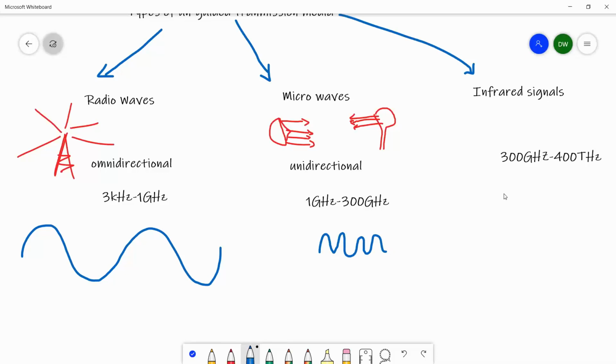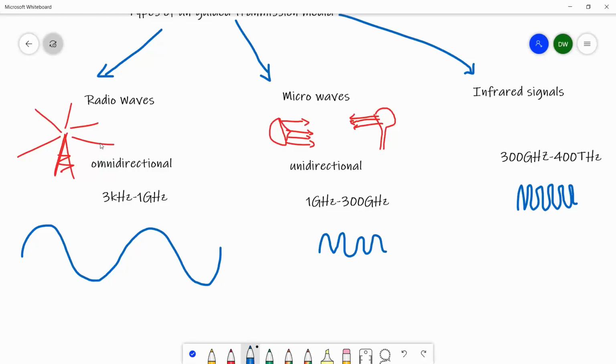I cannot perfectly draw with this whiteboard because I'm using the mouse, right? So when it comes to infrared signal, it will have really high frequency, right? So because of these frequencies, there are some features to be considered.